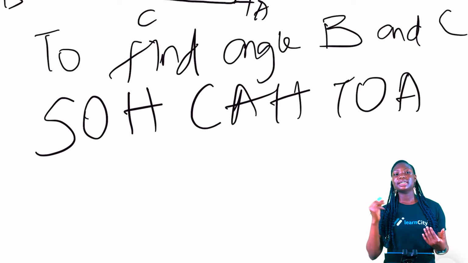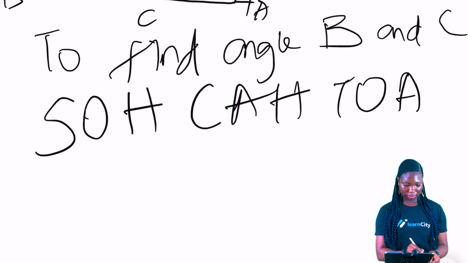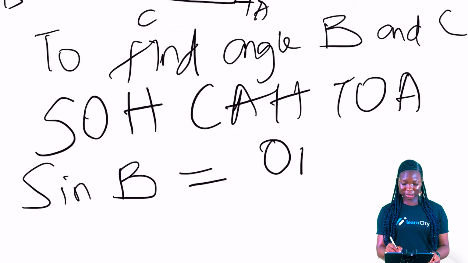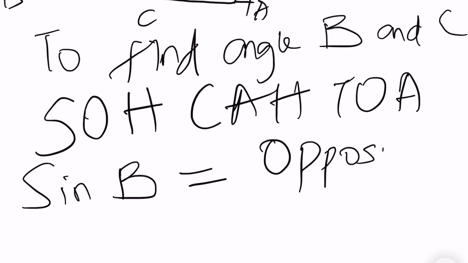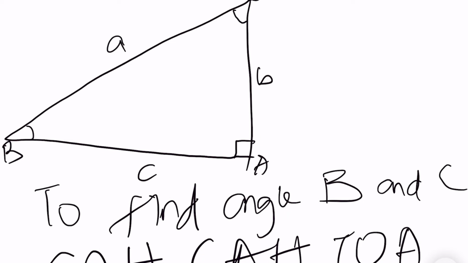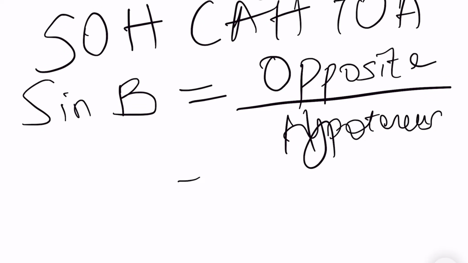Now, to find sine B, which is opposite over hypotenuse. Our opposite in this form is B, where our hypotenuse is A. So we have our sine B to be B over A.